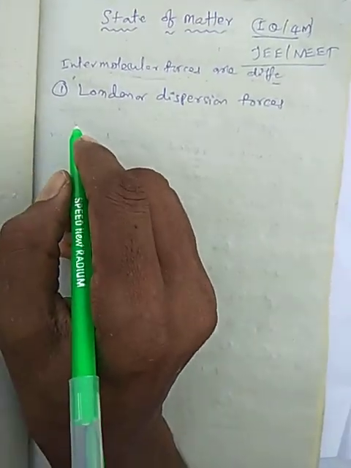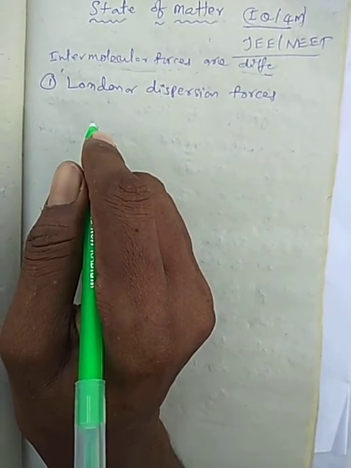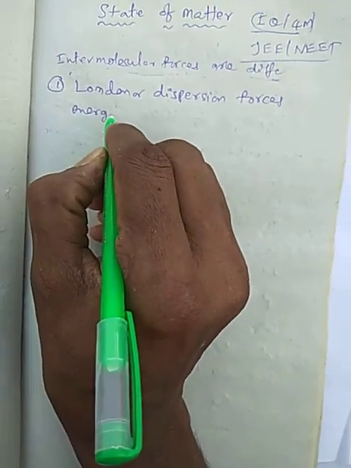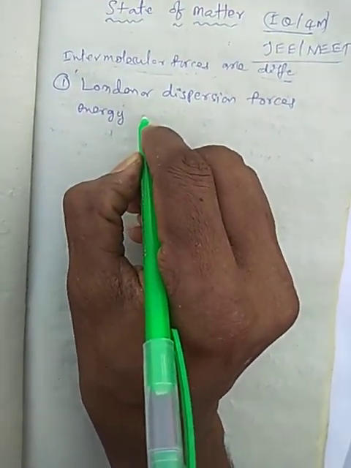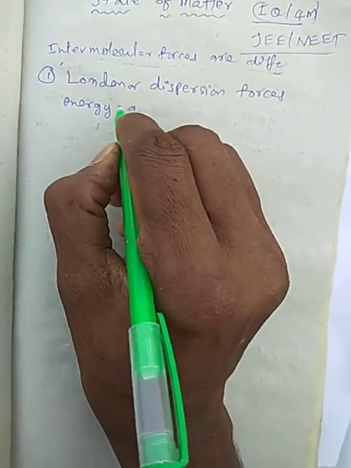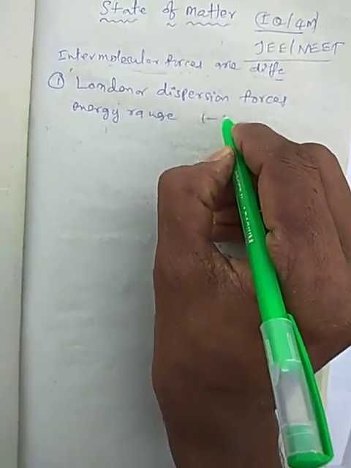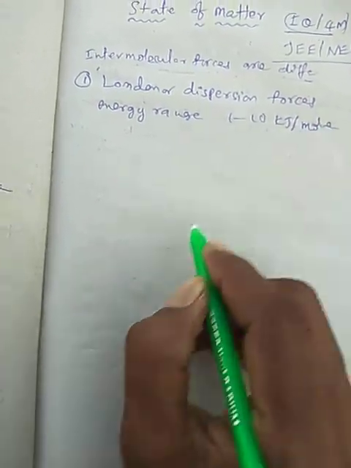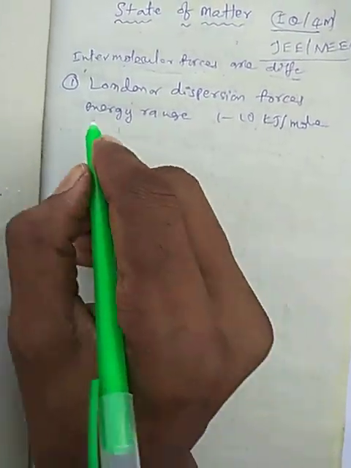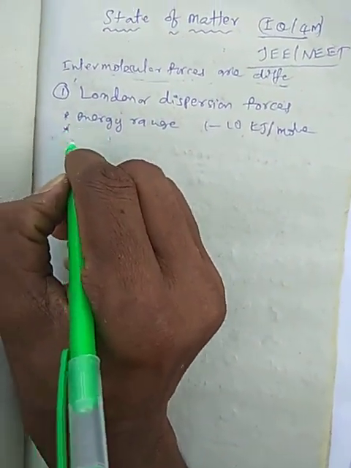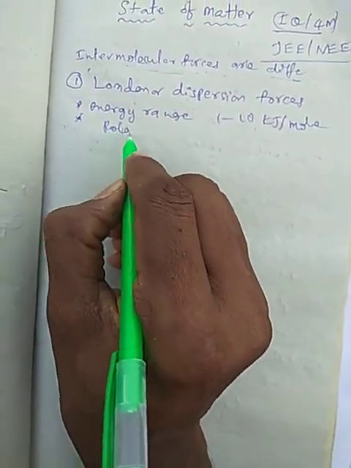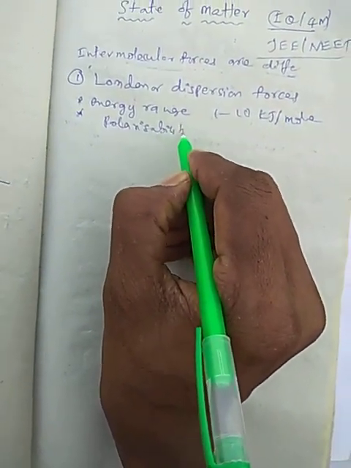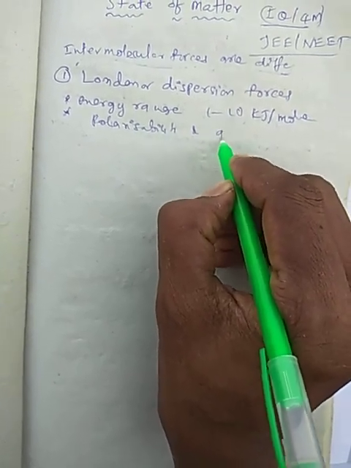Now, mainly London force energies are in the range between 1 to 10 kilojoule per mole, and it also depends on polarizability and geometry of the molecule.